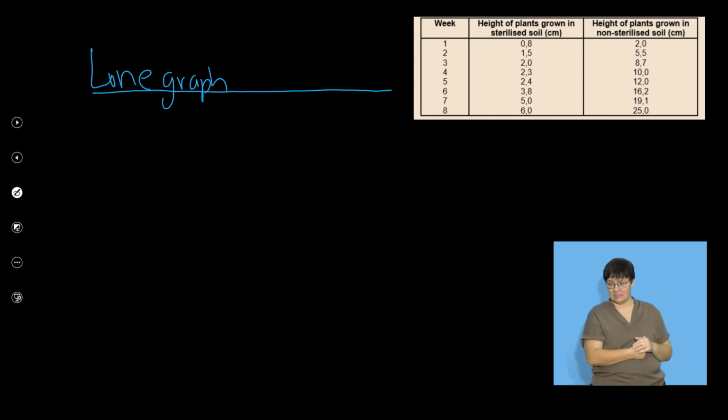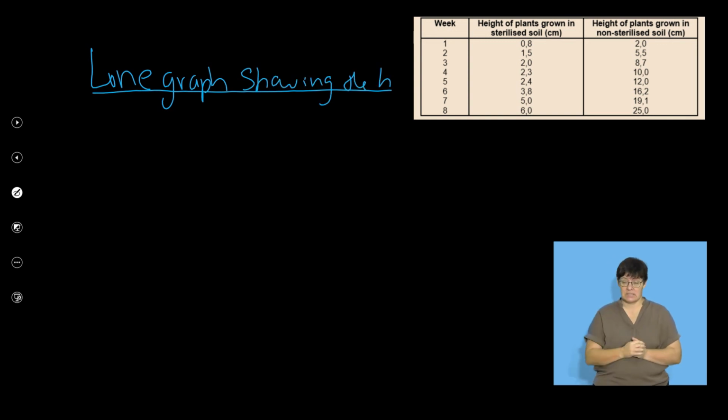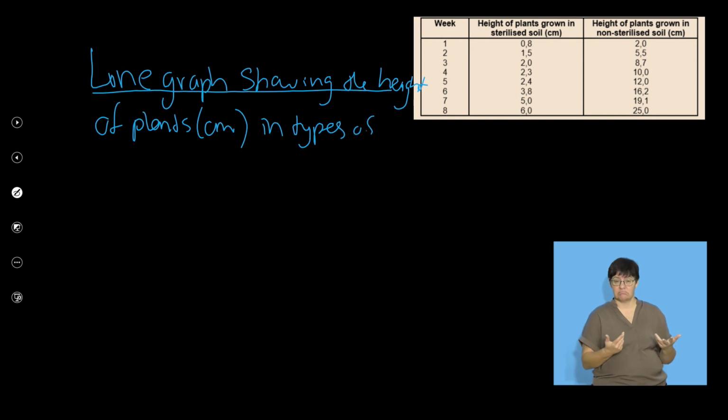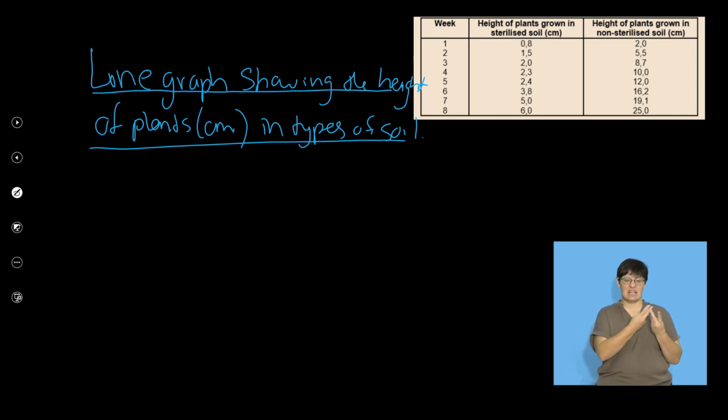I'm going to draw a line graph showing the height of plants in 2 types of soil. And you can even say sterilized, non-sterilized. There I've got my heading going.